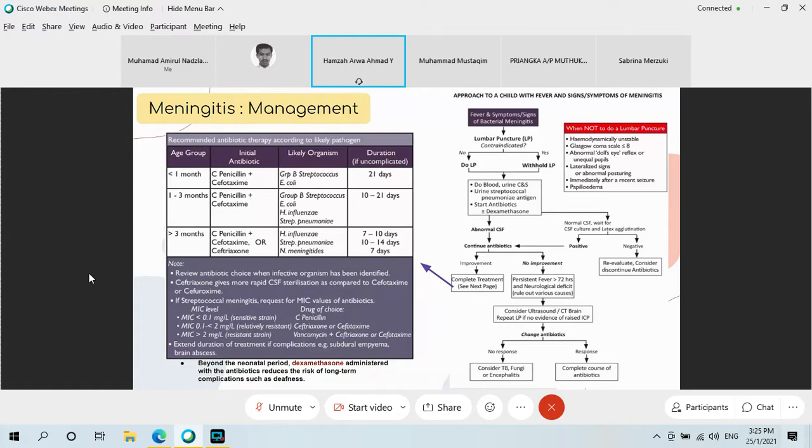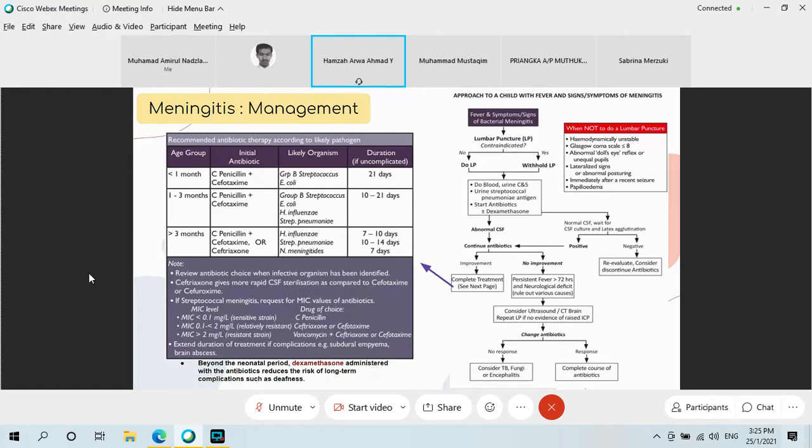They divided it based on age group, from less than 1 month to 3 months. They have the same antibiotics, which start with benzylpenicillin with cefotaxime, but the duration of therapy is going to be different.